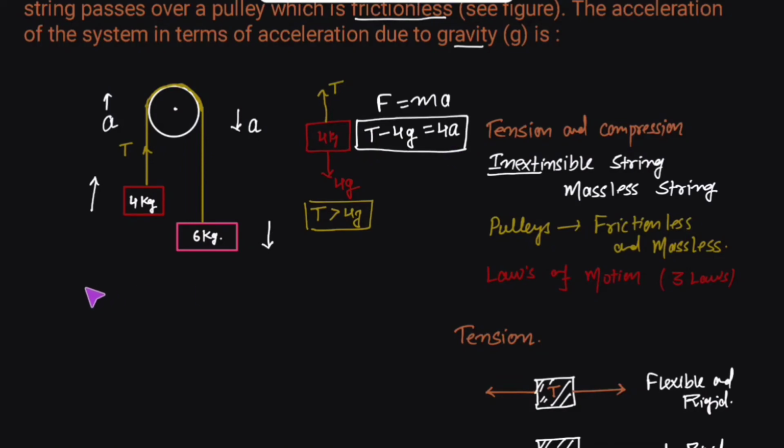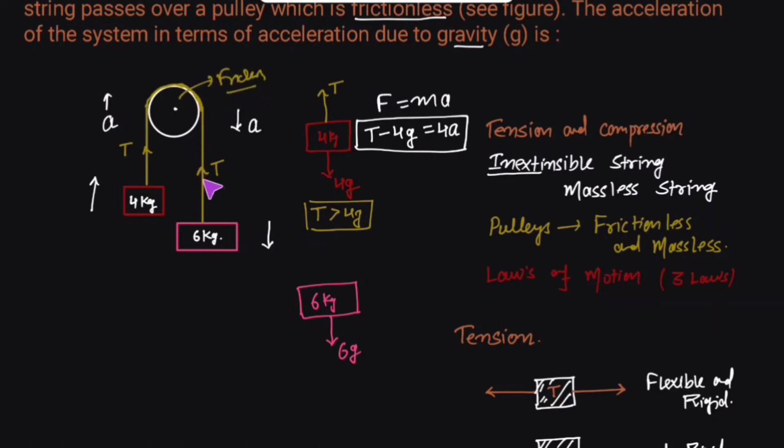Similarly, we draw the free body diagram for the second block, the 6 kg block. There would be a force acting downwards, which is the weight of the object, which is 6g. mg is the weight. And again, this string would be pulling this block with the same force. Tension would be the same. Why? Because pulleys are frictionless.